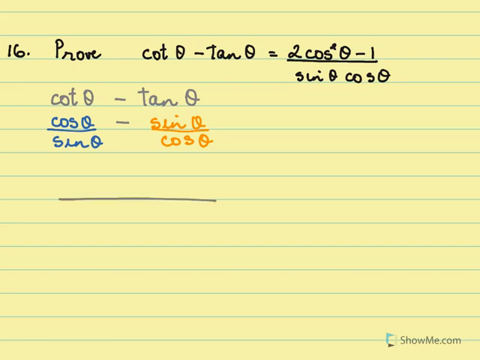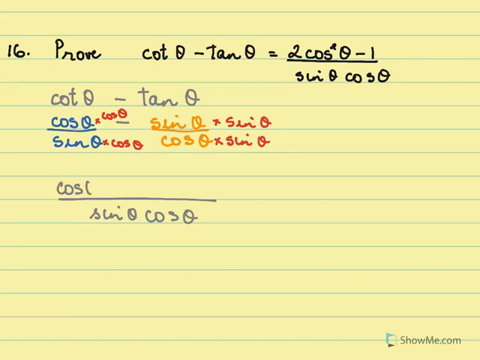So when I take the LCM here, this will be sine theta cos theta, and you'll definitely agree you have to multiply this by cos theta. So multiply the numerator also by cos theta to get sine theta cos theta. On the other side, cos theta you need to multiply by sine theta. Here too you need to multiply by sine theta, so that the denominator becomes cos theta sine theta.